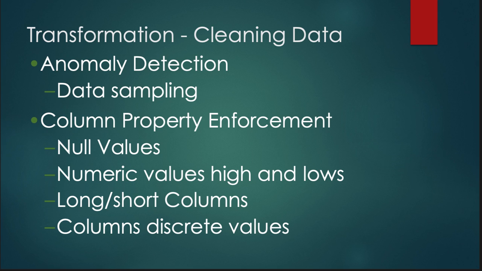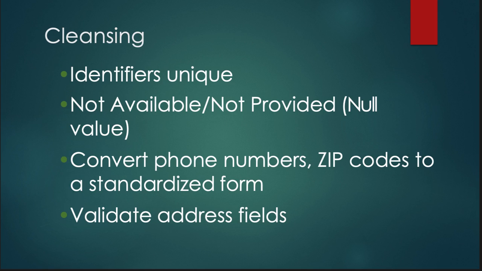Some of the column properties to enforce are null values, numeric values with high and low as maximum and minimum, long and short columns, and discrete values. So in terms of cleanliness, identify unique, not available or null values, for example.